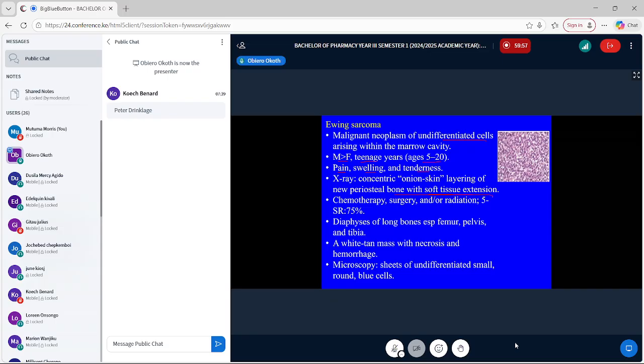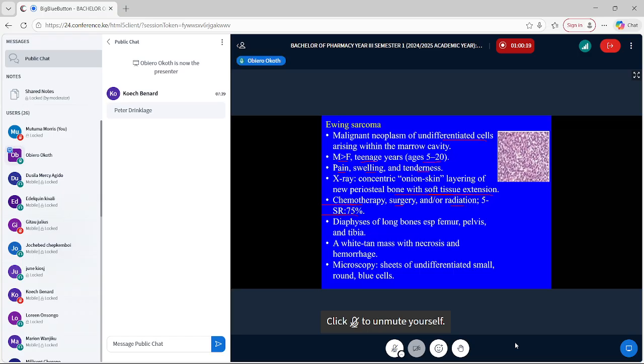The good thing with this, it responds much better to chemotherapy and surgery and also radiation, with a 5-year survival rate almost 75%. You are seeing this in a diaphysis, location being important.